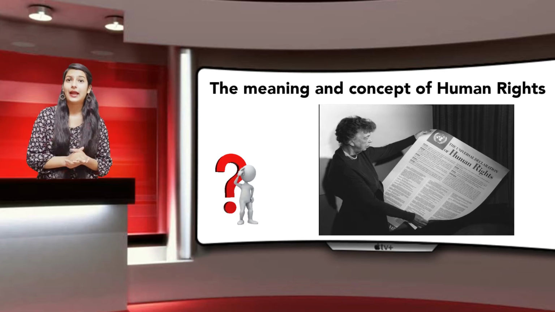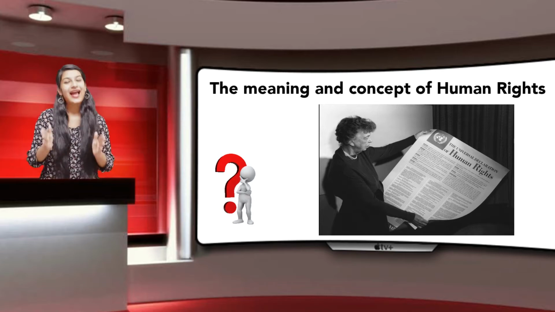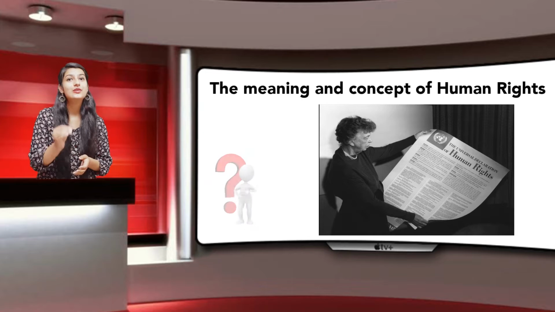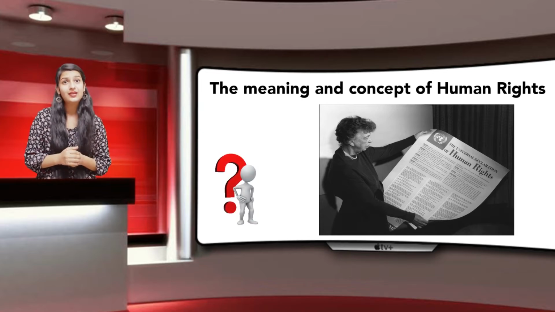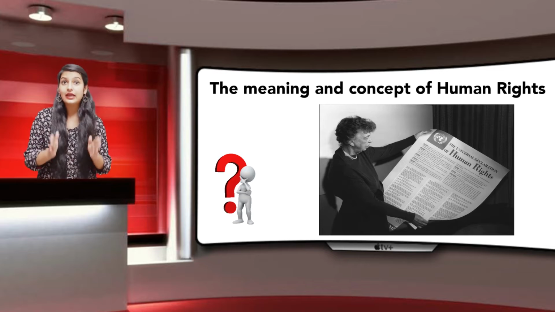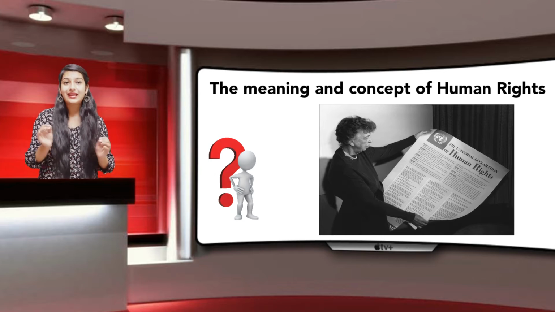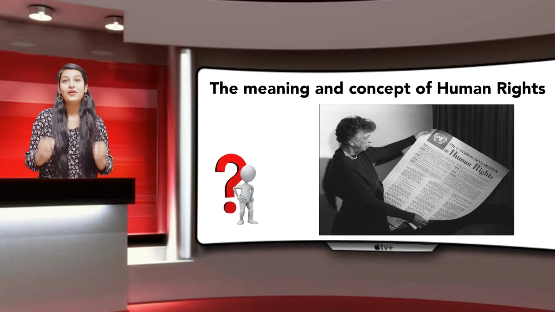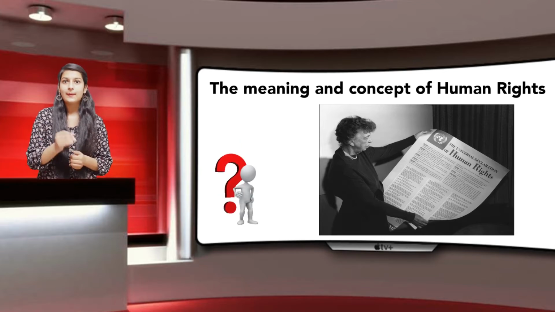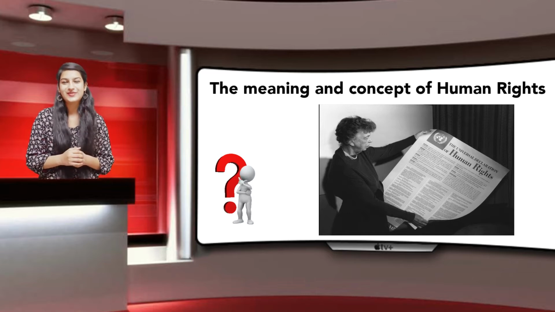At the same time, it gives duty and obligation to the same person to respect the human rights of others. And it is generally considered that they should not be taken away except as a result of due process of law based on specific circumstances.